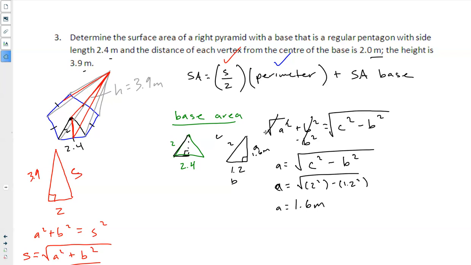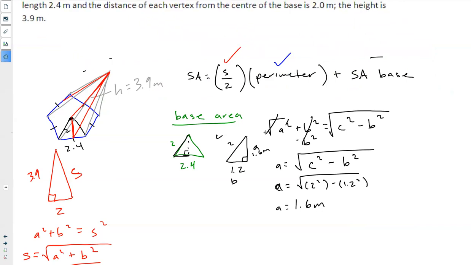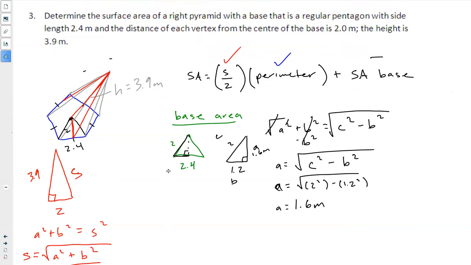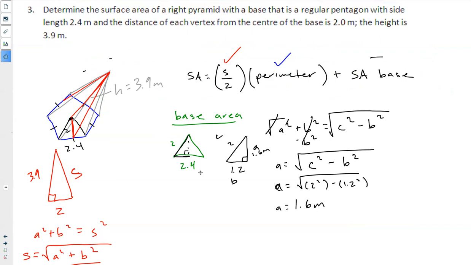Now that I know my perpendicular height here, anyways, right here. So this height here, for my vertical height there is 1.6.